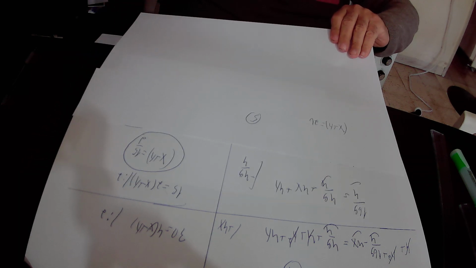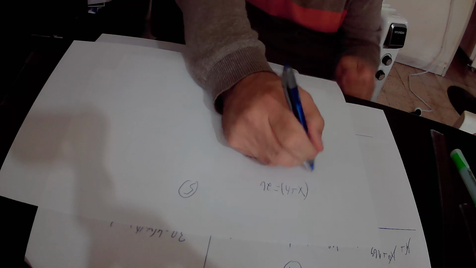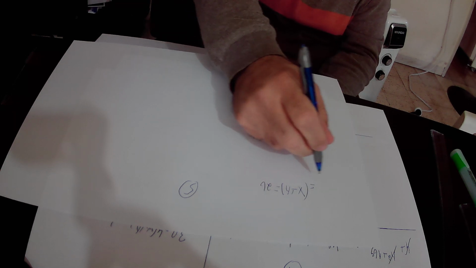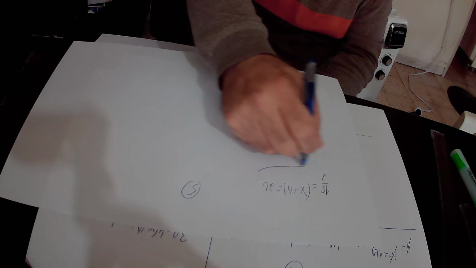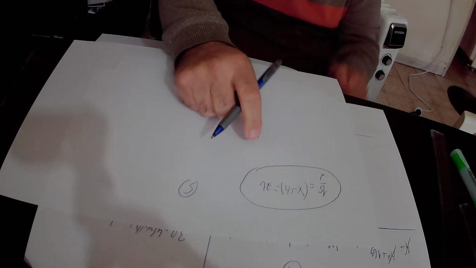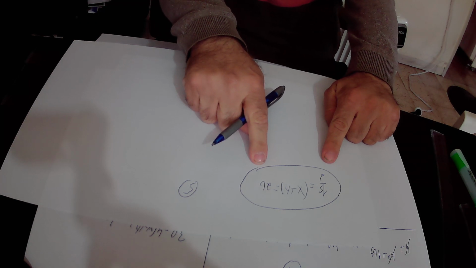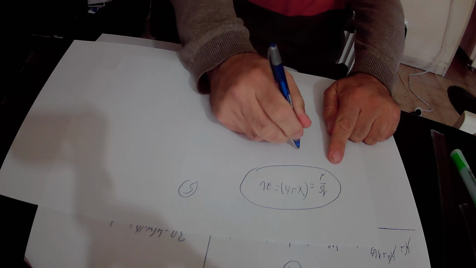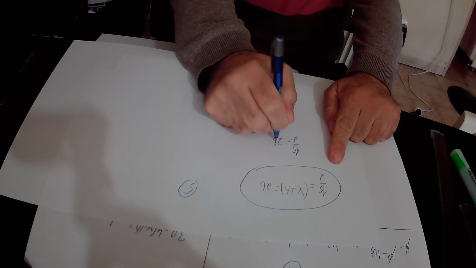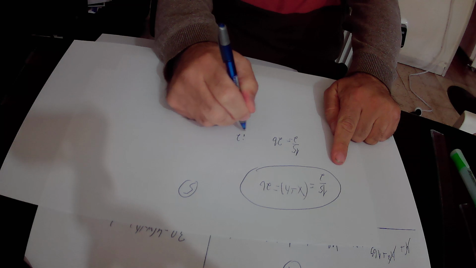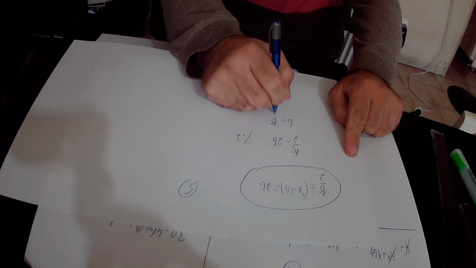But we also found out that x plus h equals 15 over 2, so we can write down that x plus h equals 15 over 2. And from this equation, we will derive that 15 over 2 equals 2b. We divide this equation by 2 and finally we get that b equals 15 over 4.